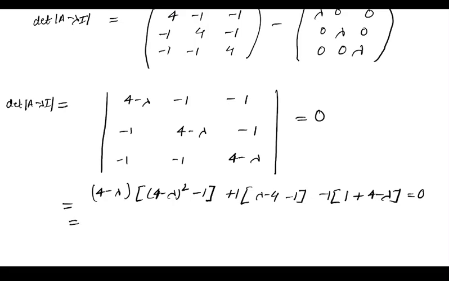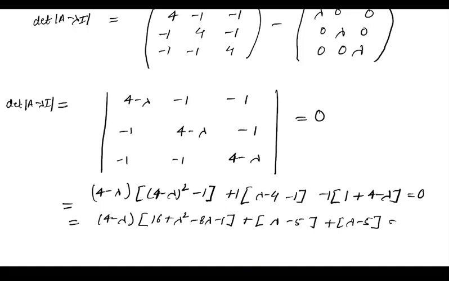Now we'll just open this: 16 plus lambda square minus 8 lambda minus 1, plus lambda minus 5, and this can also be written as 5 minus lambda. So this can also be written as lambda minus 5 if we take the minus sign inside.